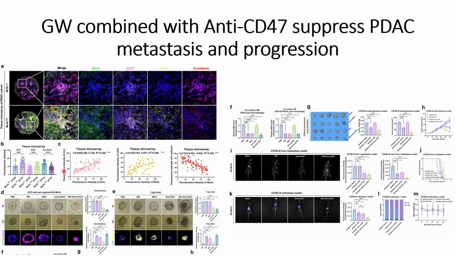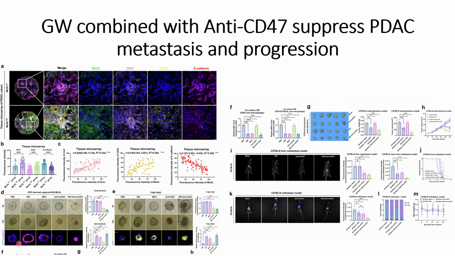And this is the relation in panel C. They show the relationship between high MLKL and the CD47, CITH3 and E-Cadherin, and we can see that with an increase in MLKL there is an increase in CD47 and CITH3, whereas there is a decrease in E-Cadherin. The cells acquire more mesenchymal characteristics with an increase in MLKL. At the same time, they also generate more "do not eat me" signals to prevent themselves from phagocytosis.